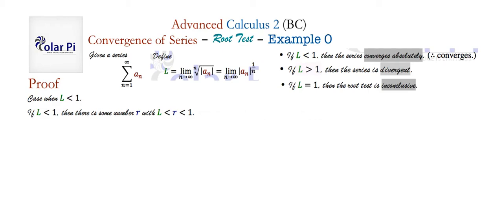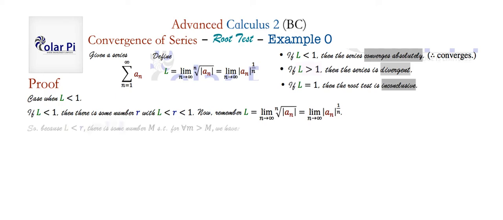Now, remember that L is the limit of this, right? That's L, and in this format too if we want. Since taking a limit of this as n goes to infinity means picking larger and larger numbers, which will make this quantity closer and closer to L, that's what we mean by the limit.